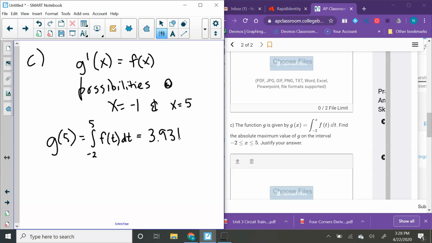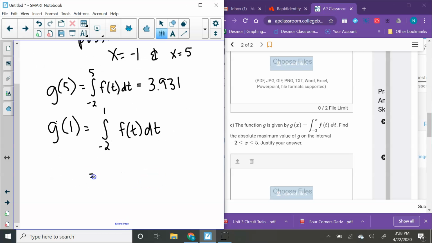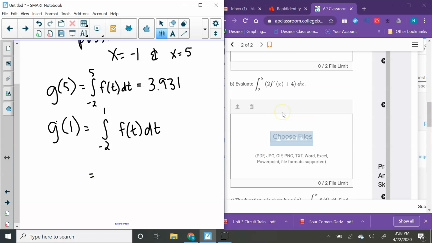3, 1. But we do have to find g of 1. Okay, so g of 1 is going to be the integral from negative 2 to 1 of f of t dt. And so area under the curve from negative 2 to positive 1.